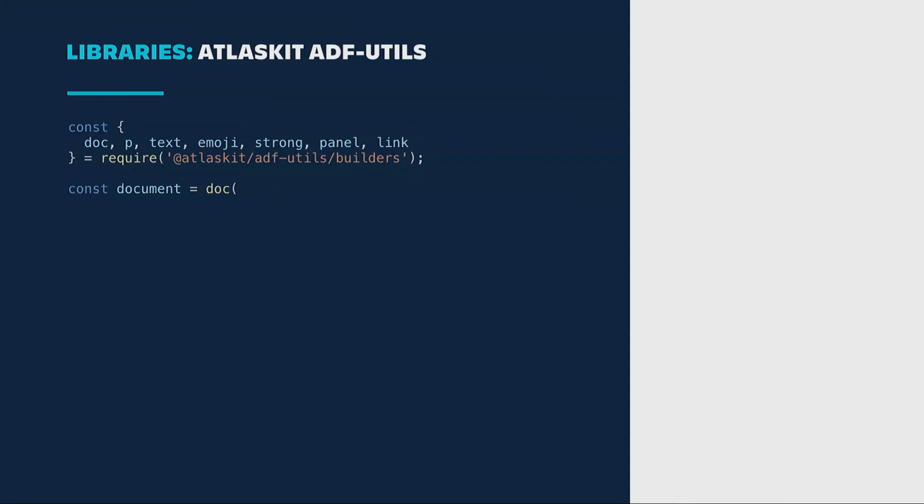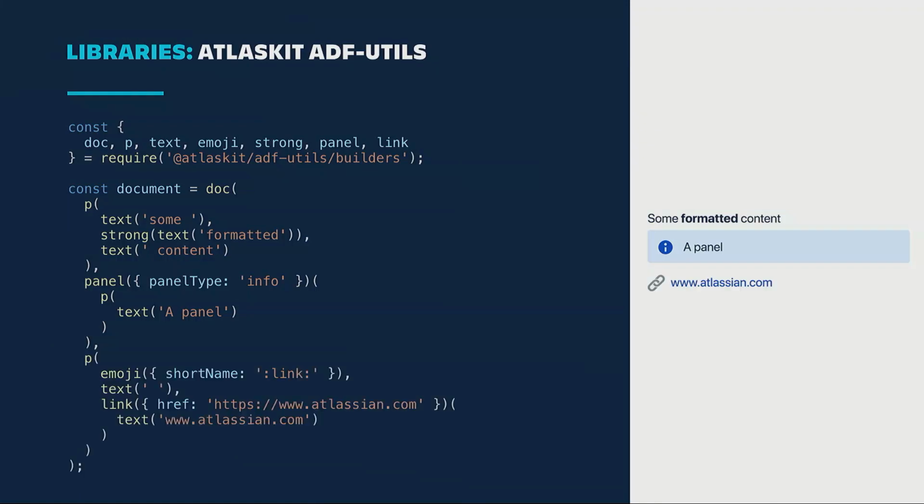So let's start again with the same example. What if we created this document using the ADF utils library? So the nesting of nodes is represented as nesting of functions or composing of functions in this library. And you would start, for instance, with a doc node. Then you use the paragraph in there, some text nodes, formatted text nodes, add a panel, and nest some more functions along the way.